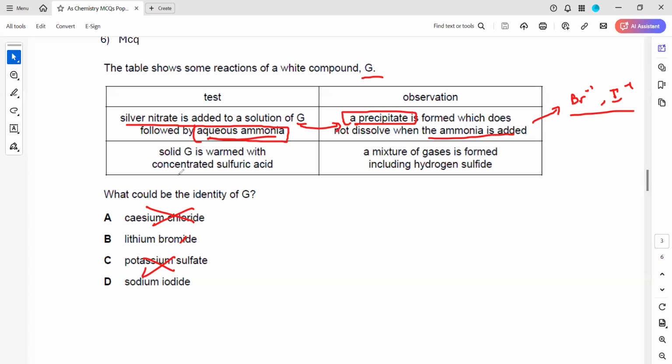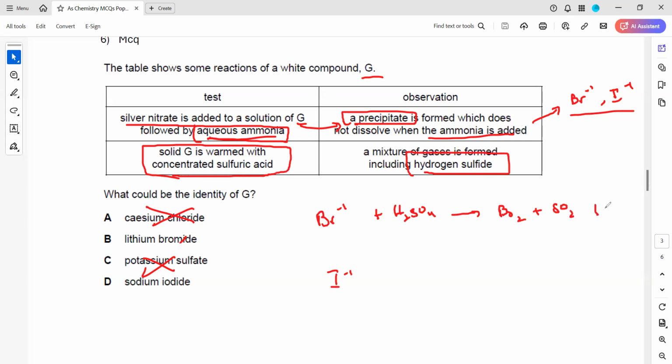Next, when you warm solid G with sulfuric acid, it produces hydrogen sulfide. Remember the reducing power of these halide ions. If a substance contains bromide ion and it reacts with sulfuric acid, the products will be bromine, sulfur dioxide, and water.